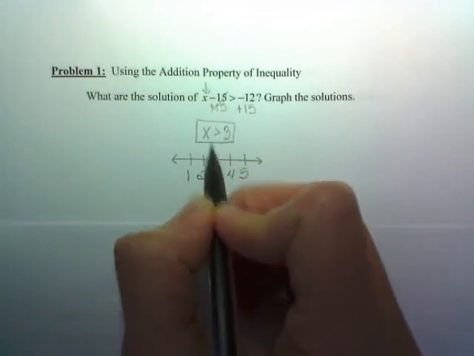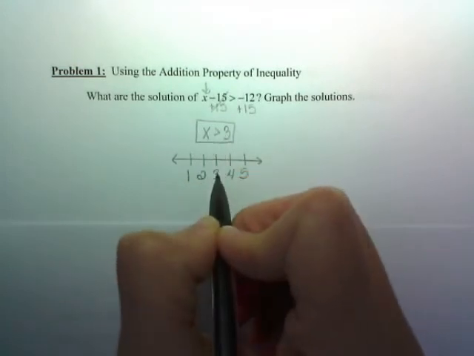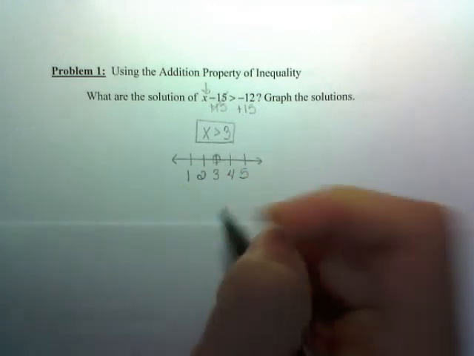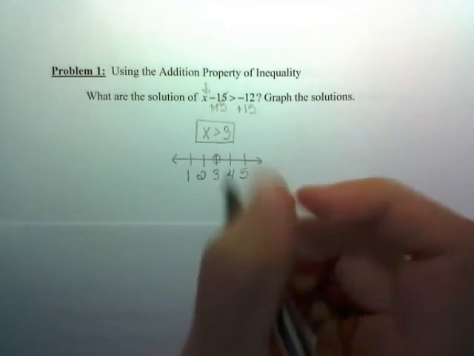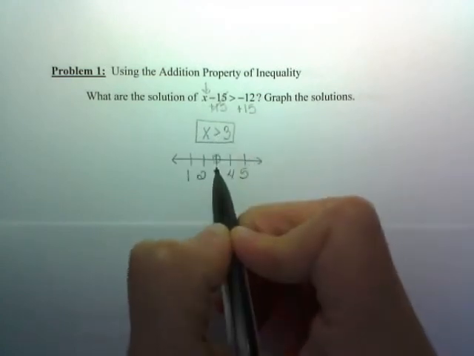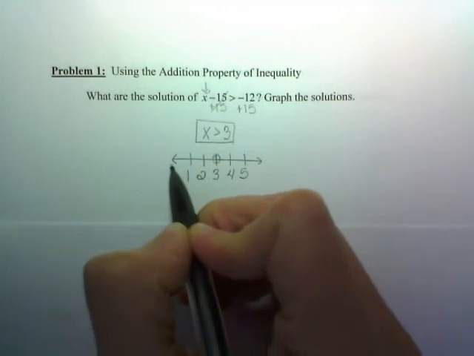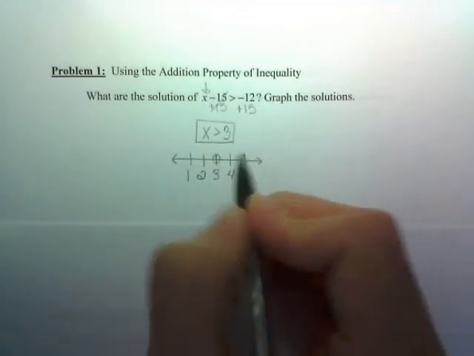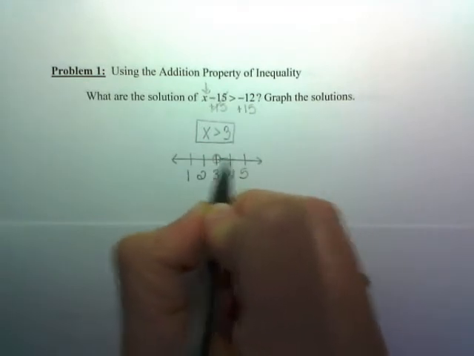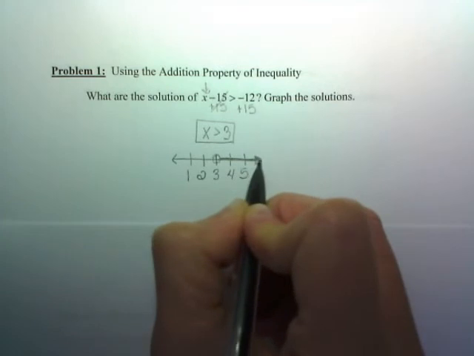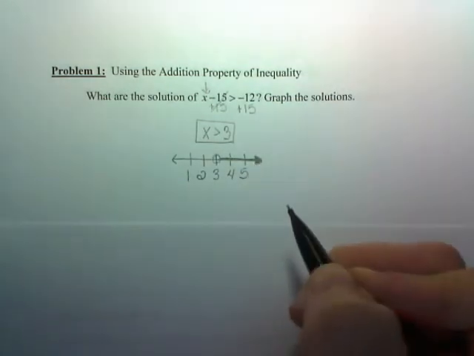That does not work. So we have to start at 3, but 3 is not included. So that's your open dot, because we are not including 3. And we want x to be greater than 3. So would that be towards the 2, the 1, the 0, or would that be towards the 4, the 5, the 6? And for this problem, if we want x greater than 3, all of these numbers to positive infinity are greater than 3.